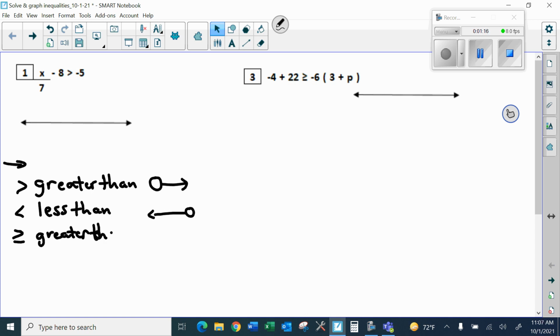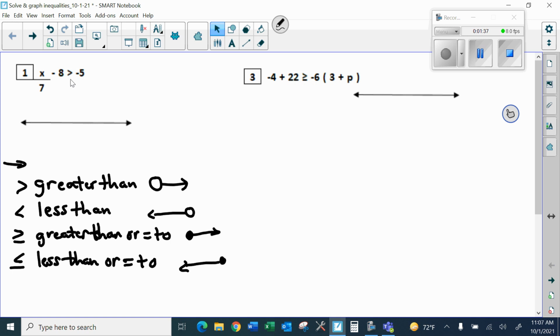Greater than or equal to is a closed circle shaded to the right. Less than or equal to is a closed circle shaded to the left.